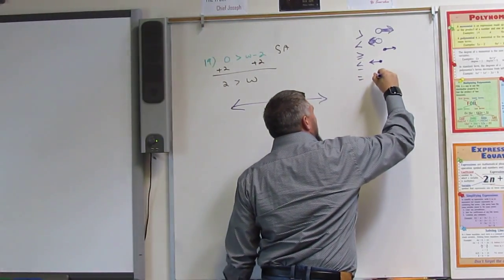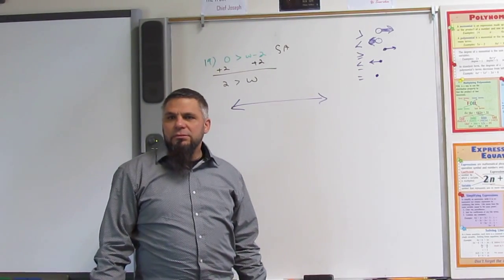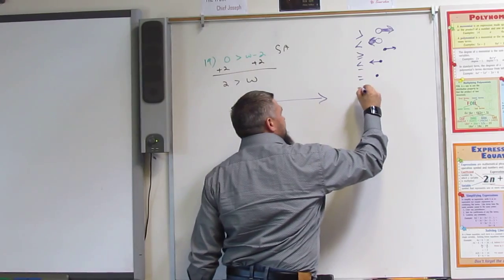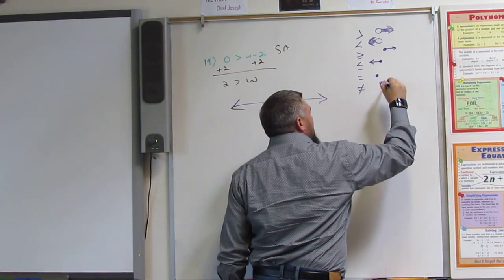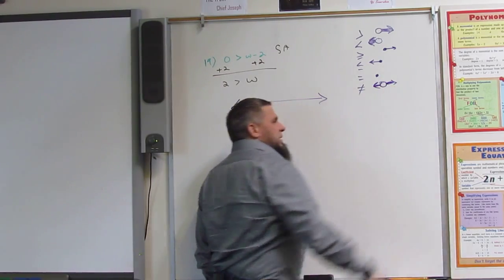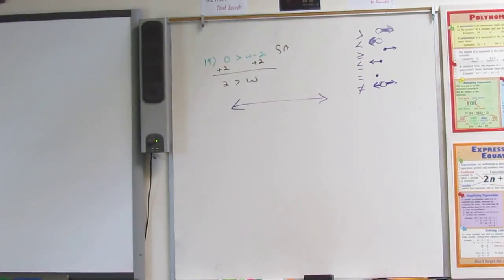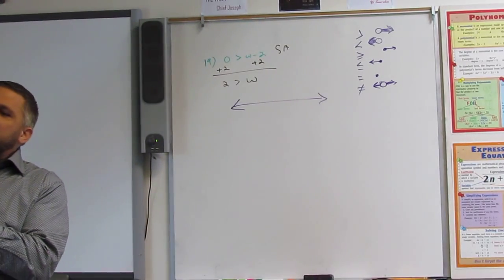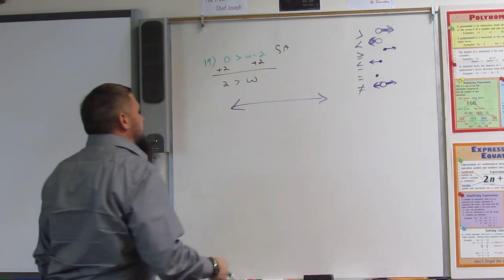This is a closed circle. This, not equal to, would be an open circle and an arrow going both directions, because it's anything but that. Does that make sense? The open circle says it does not include it. The closed circle says it does include it.